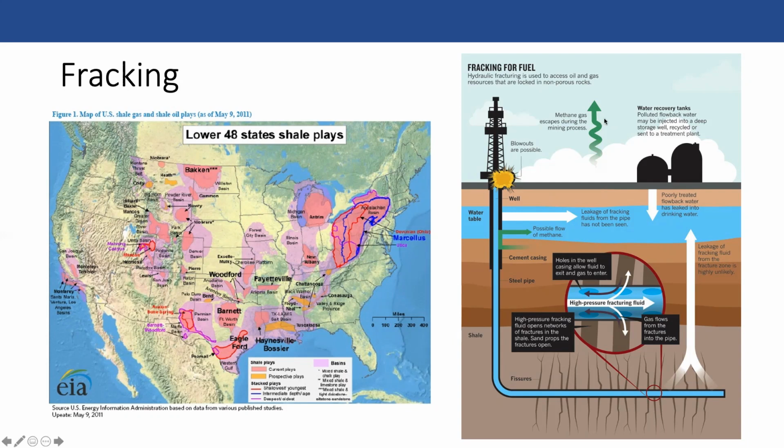And that's not to discount a lot of the negative aspects of fracking. This chart on the right was one of the nicer diagrams that I could dig up to show how fracking works.